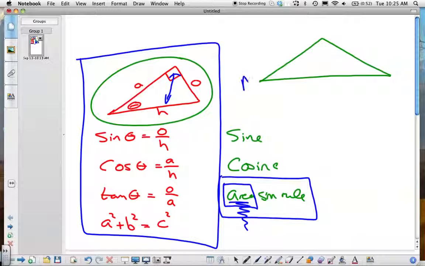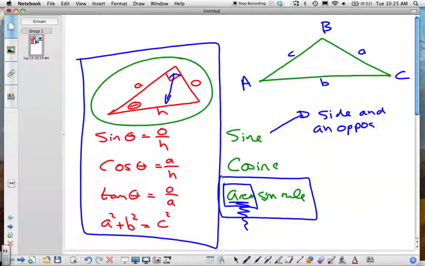Now remember, we always label our triangle in this fashion, with the small letters opposite the capital letters. And we use the sine rule when we have a side and an opposite angle. That's always the sine rule.